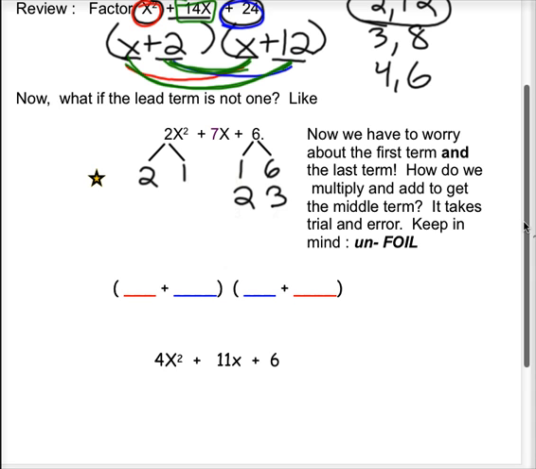Well, that's why we need the 2 and the 1, because that's telling me I need a 2x and a 1x there. That is how I'm going to multiply to get 2x squared. Now here we're lucky. That's the only way that we can actually do that. However, in the future it can get a little bit more complicated. But we know for a fact this is going to be our basic structure.